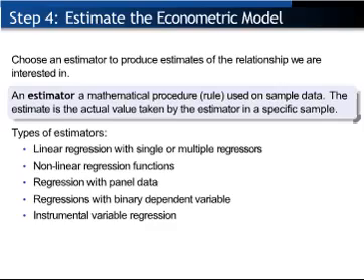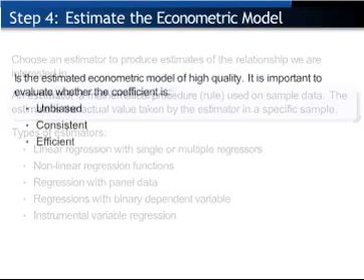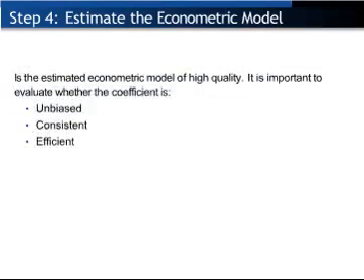Types of estimators: linear regression with single or multiple regressors, nonlinear regression functions, regression with panel data, regressions with a binary dependent variable, and instrumental variable regression. Is the estimated econometric model of high quality? It is important to evaluate whether the coefficient is unbiased, consistent, and efficient.